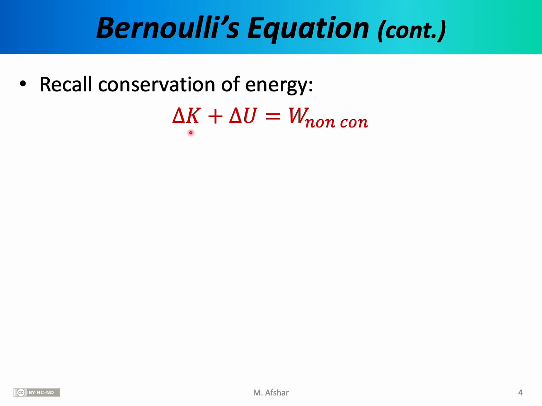According to this equation, the change in the kinetic energy of the system plus the change in the potential energy of the system is equal to the work that's done on the system by non-conservative forces such as friction or resistive forces. If friction or resistive forces or generally non-conservative forces are absent, then we can simply say delta K plus delta U is equal to 0.